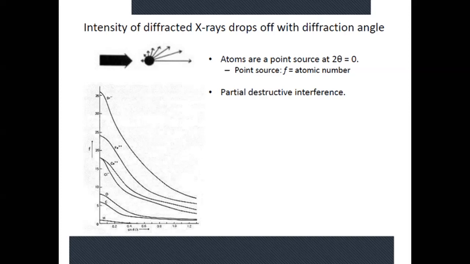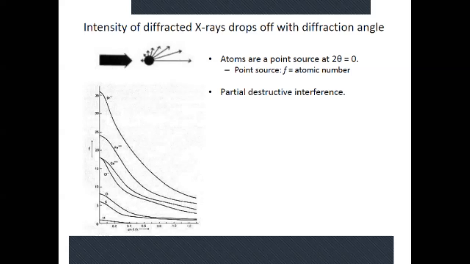Oxygen is 8, carbon is 6, hydrogen is 1. So the scattering factor at 2 theta equals 0 is the atomic number. And after that, as you go to higher diffraction angle, you'll see that it decreases accordingly.